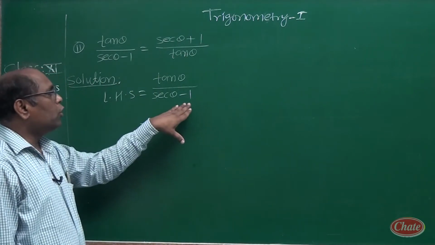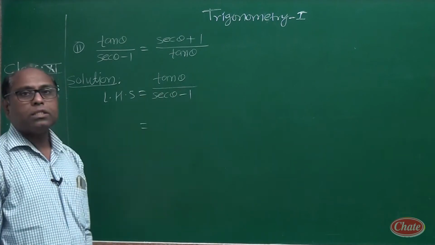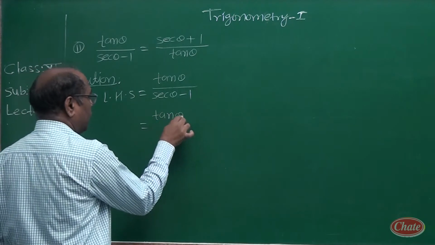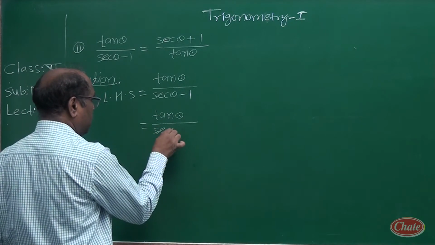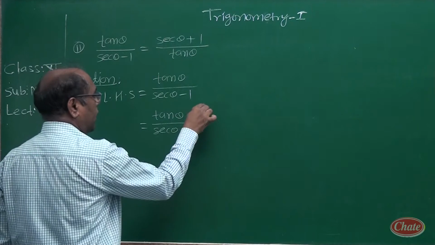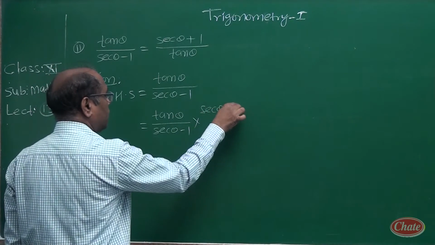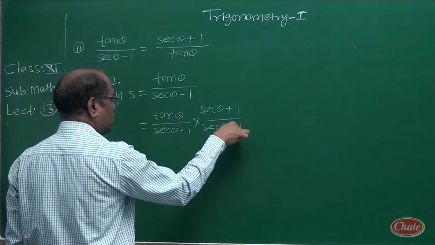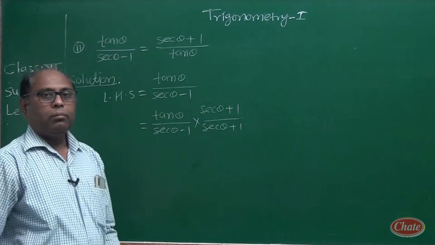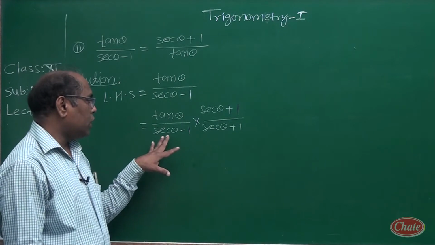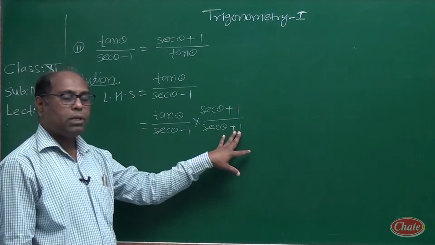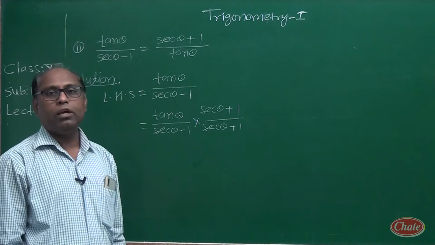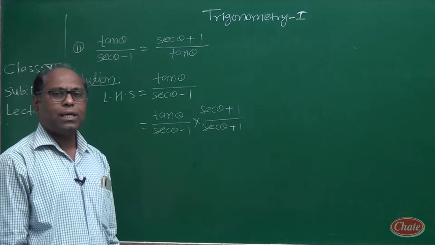Now here we are going to multiply and divide by sec theta plus 1, sec theta plus 1 divided by sec theta plus 1. Because we know that if you take the product, sec theta minus 1 into sec theta plus 1, that will be sec square theta minus 1. And what will be the value of sec square theta minus 1? It is tan square theta.